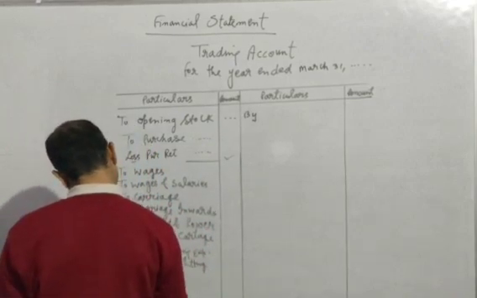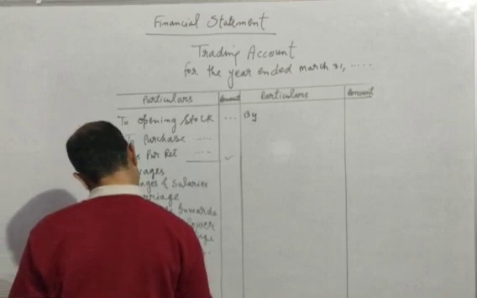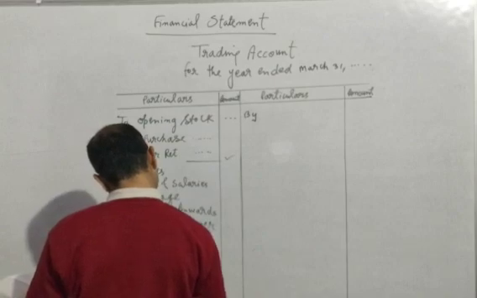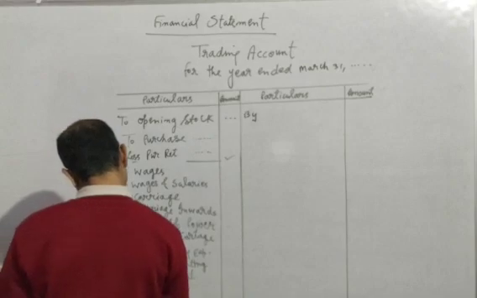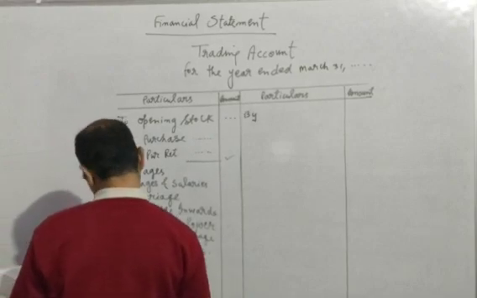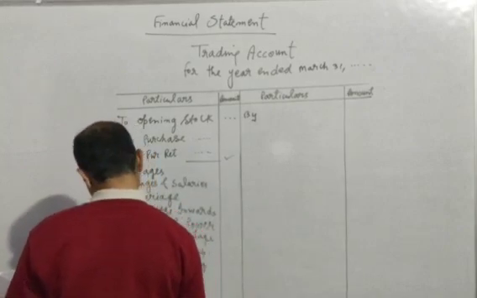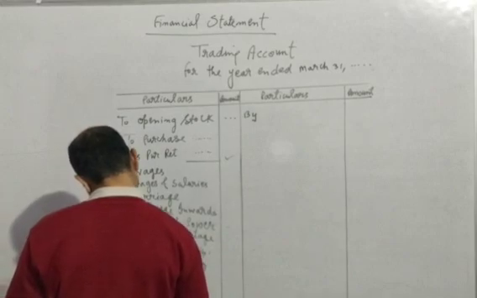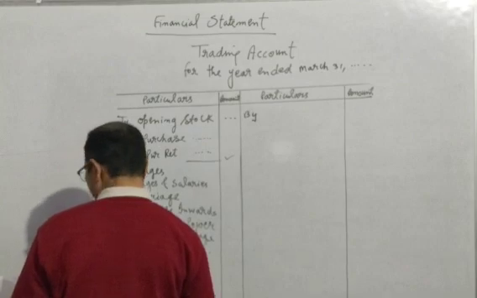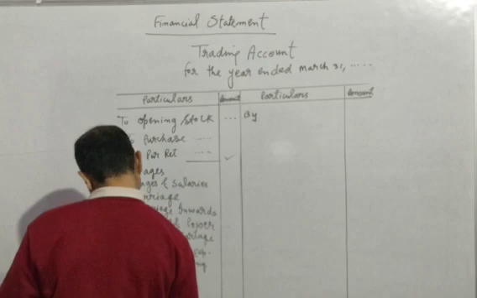Factory rent. Any expenses related to the factory will come in the debit side of the trading account. Next is dock charges. Next is import duty. And the last one is royalty.